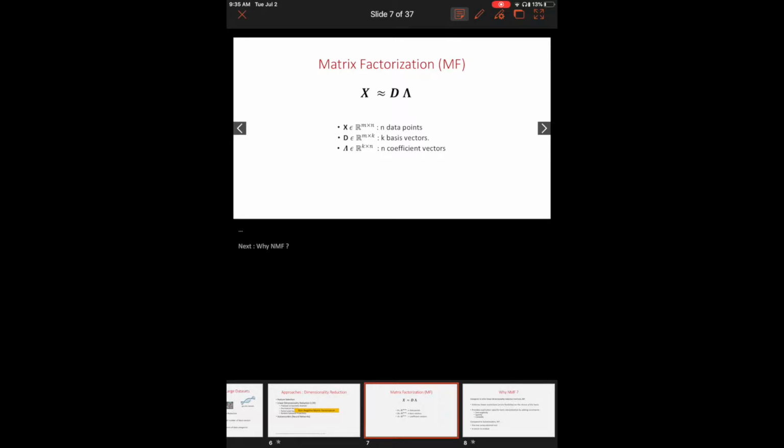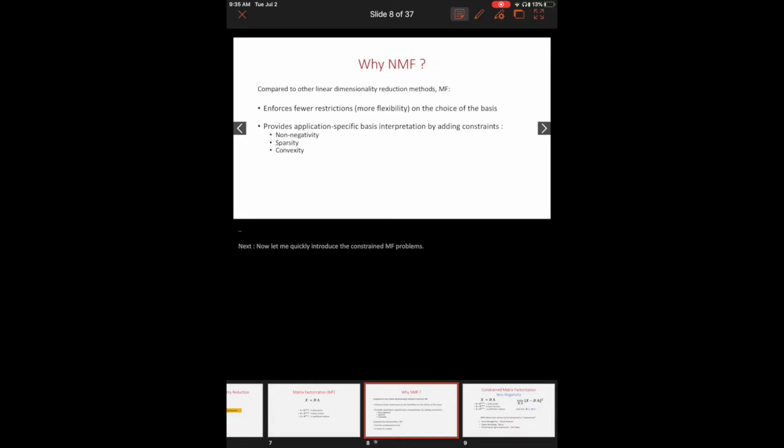So why do we want to use non-negative matrix factorization over the other dimensionality reduction techniques? Non-negative matrix factorization provides a few advantages over other existing techniques because it has fewer restrictions on the choice of the basis. And according to the applications, we can add specific constraints on the basis to make them more interpretable.